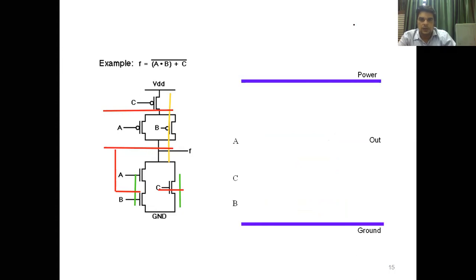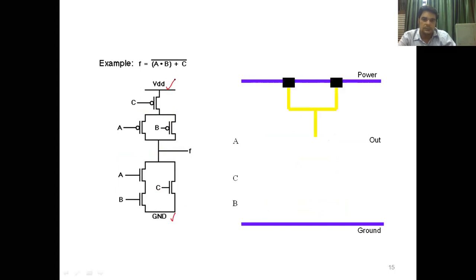Now how will you draw the stick diagram of this circuit? First we will draw the power line and ground for this case, then we will draw the P diffusion lines.